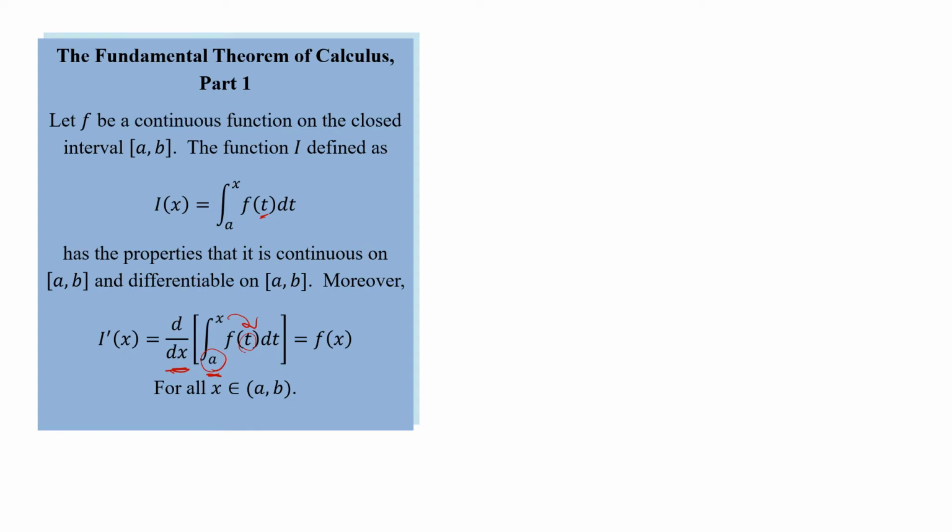Now, these problems tend to start out really, really stupidly easy. But they do get a little bit tougher, not a whole lot tougher, but they add a twist to it that is what gets people. So starting out, what do I mean by stupidly easy? Something like this. We have the derivative of an integral. The lower bound is a constant. It does not matter what that constant is.